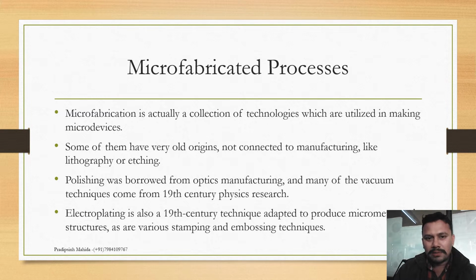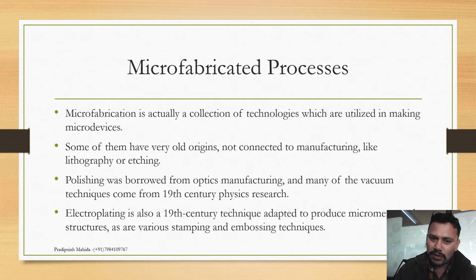Now let's talk about microfabrication processes. In brief, microfabrication is actually a collection of technologies which are utilized in making micro devices. Some of them have very old origins and are not connected to manufacturing, like lithography or etching.